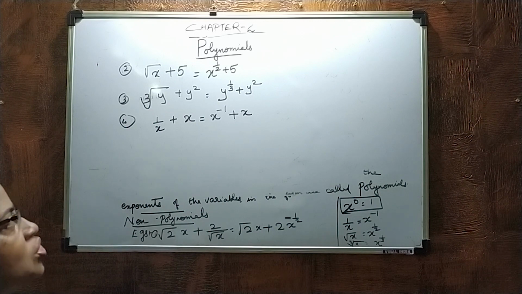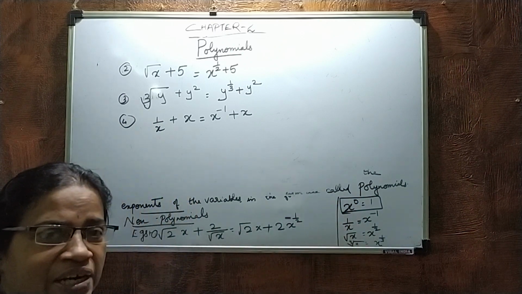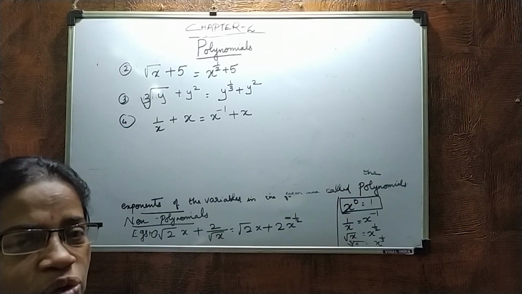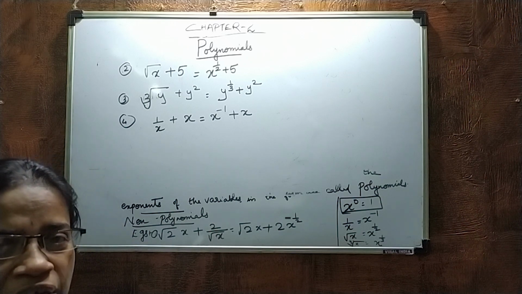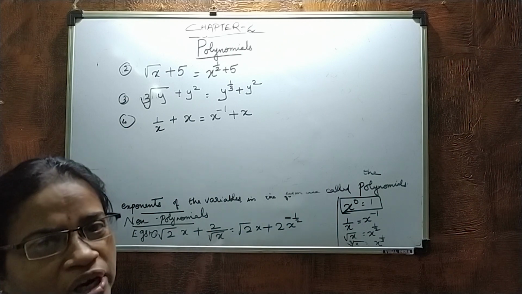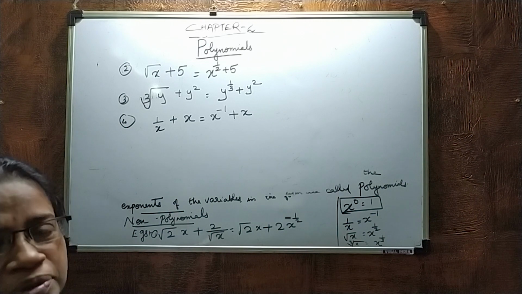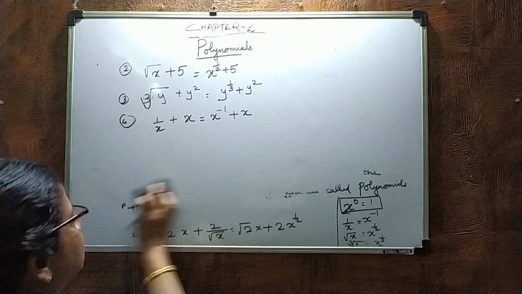So these are the things you have to remember, that these are non-polynomials. When it comes like this, it won't be a polynomial. What is the reason? Because the exponents of the variable should not be anything other than whole numbers. It should be whole numbers only. Okay, clear? Okay then. Now we will do the next one.